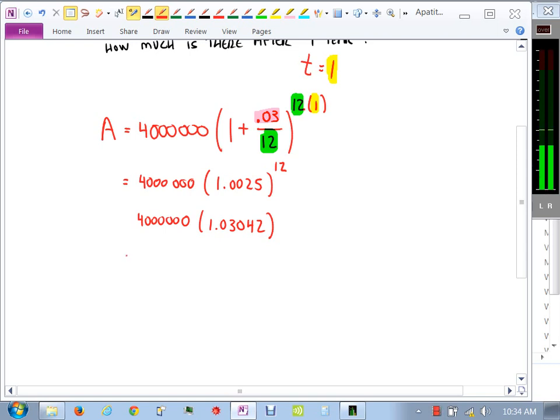And you should get 4,121,66 something like that. And then you might have some decimals, but let's just say approximately that much.